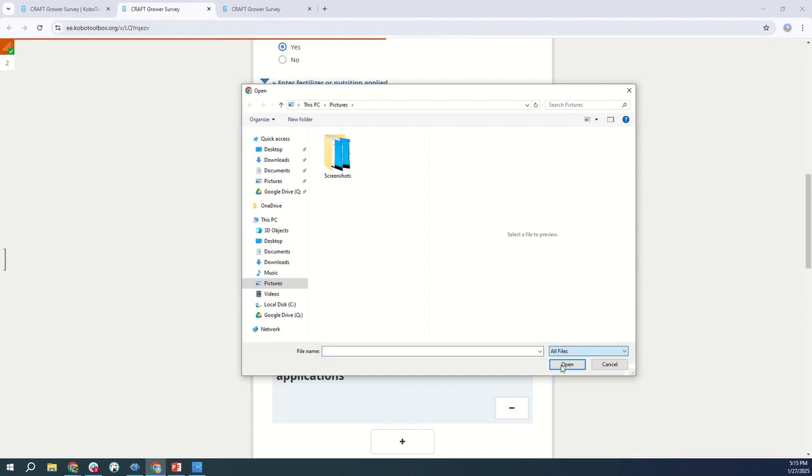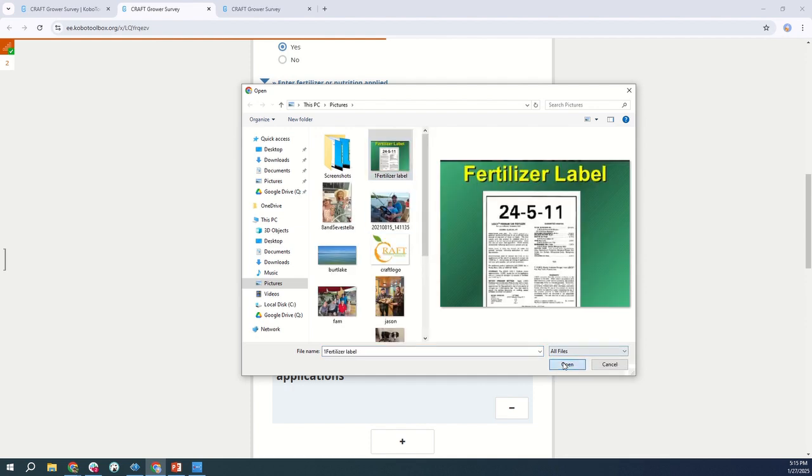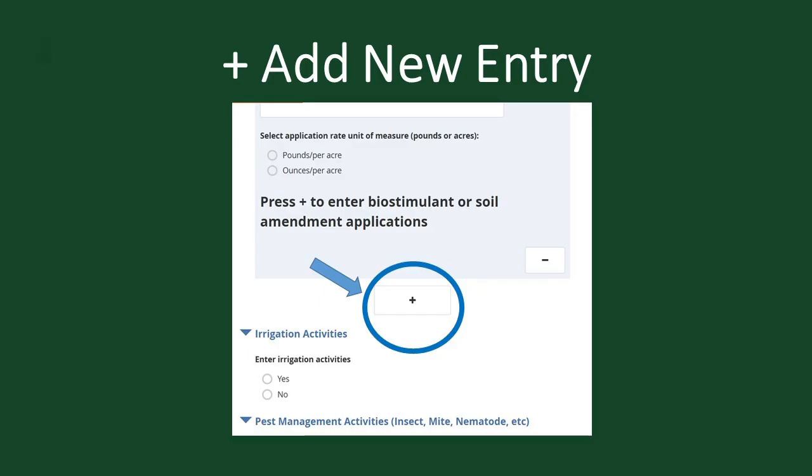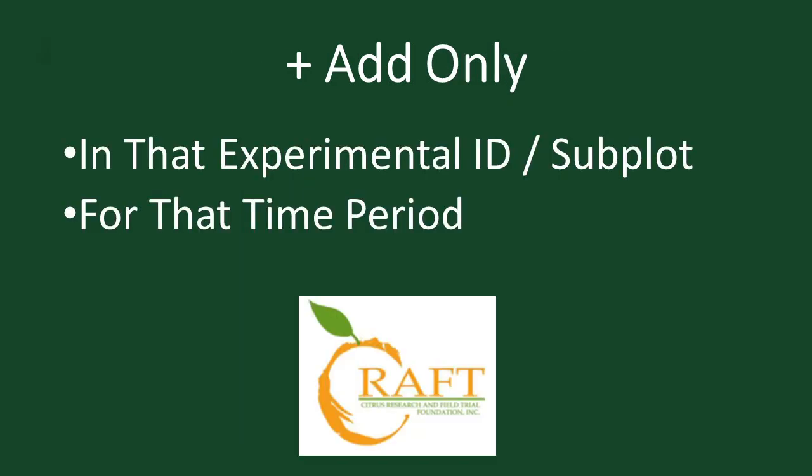The plus button and upload features apply not only for fertilizers, but for all of the management categories. If you have additional applications for pest management or harvest, for example, you use the plus for all sections. Use the plus button for the additional applications or products that apply only to just that time period and subplot.